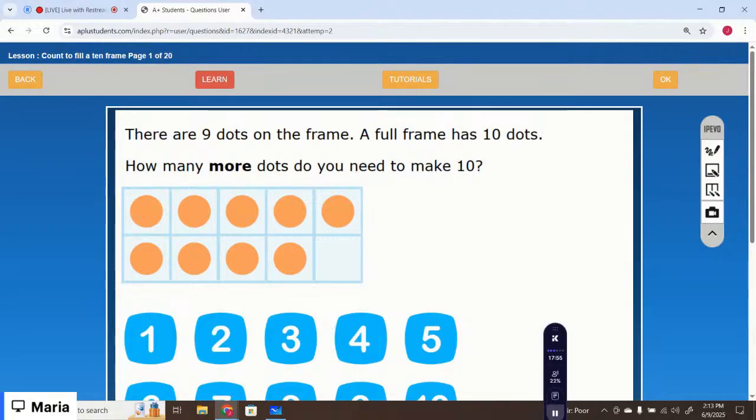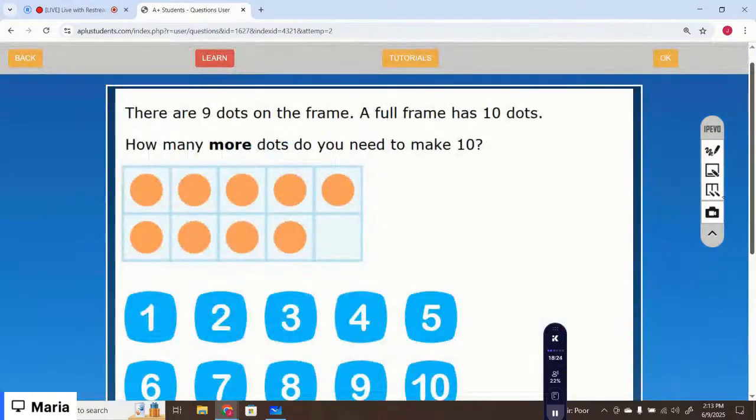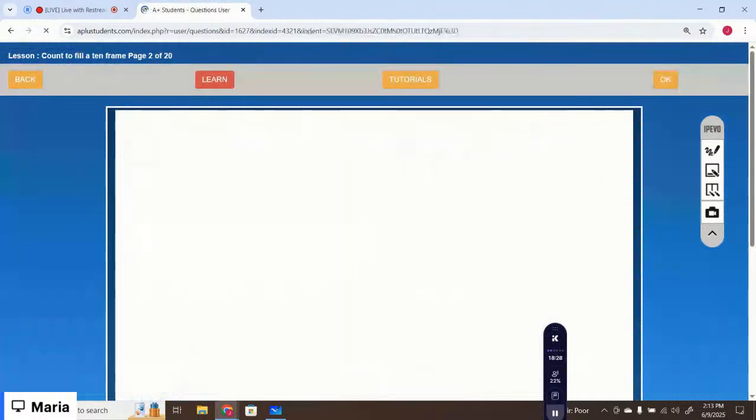How many more doors do you need to make it 10? The correct option is one. You need only one door to make it 10. The correct option is one. You need the boxes, right?